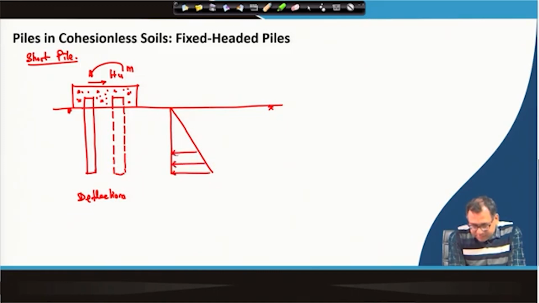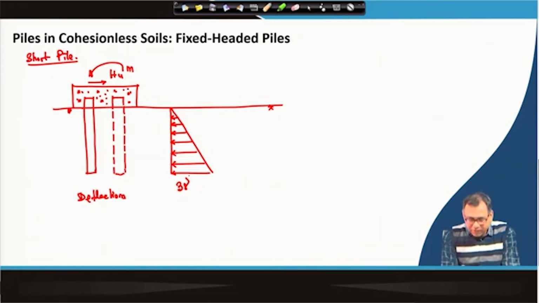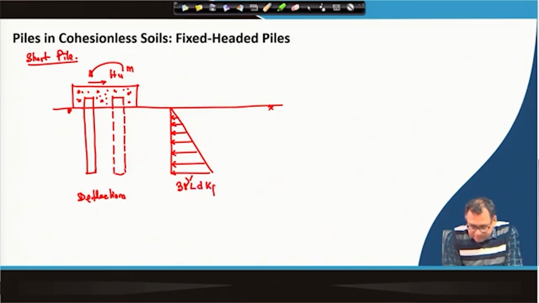Soil reaction is the passive. This is 3 gamma, or if it is a dry soil I can write only gamma, or it should be the effective gamma dash L d Kp, and here for the fixed end there will be a maximum moment.